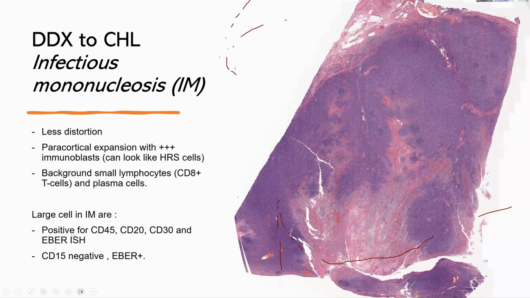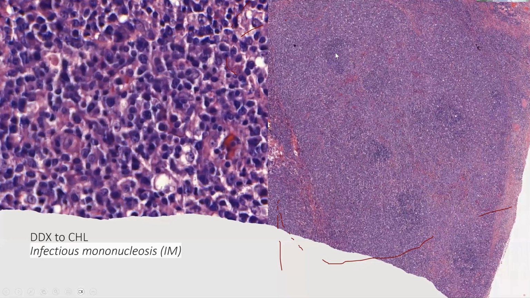However, how do you differentiate? The larger cells in infectious mononucleosis will be CD45 positive. They will be CD20 strongly positive. So these are the main differentiating factors. But be careful, they will be CD30 and EBER positive. However, CD15 is usually negative in these diseases. And this is just an example to see how these germinal centers are more or less easily identifiable.